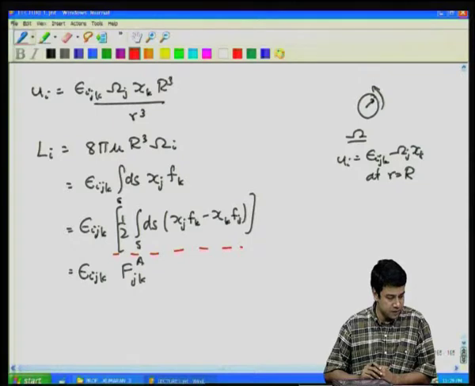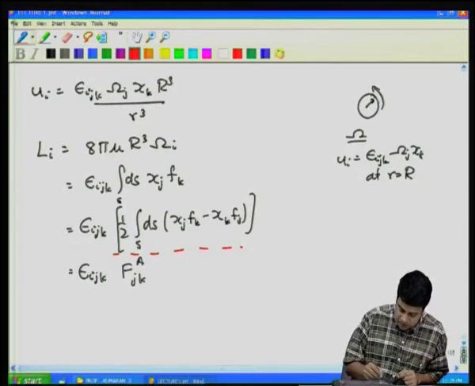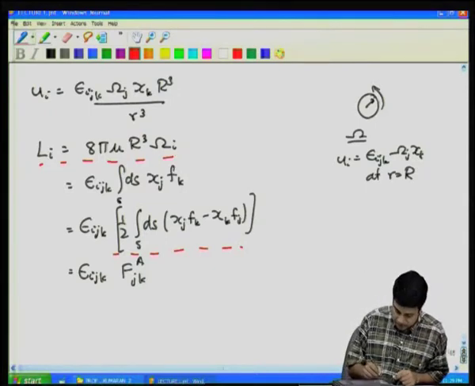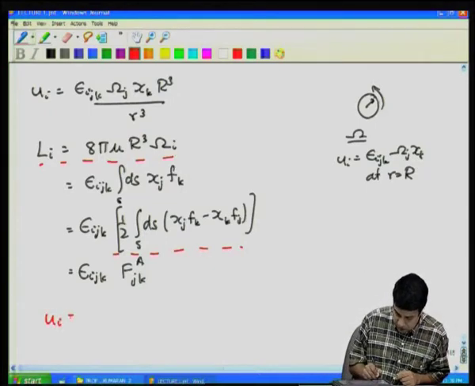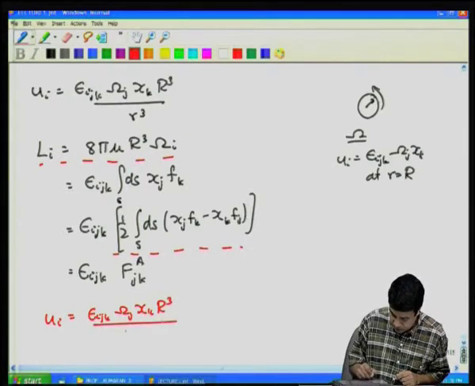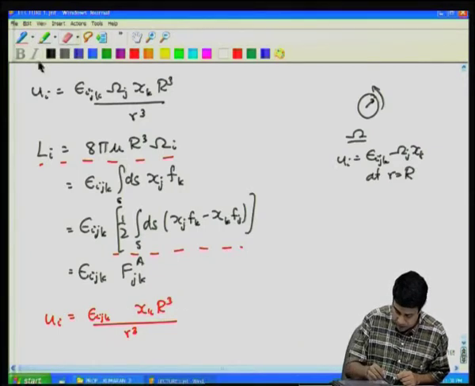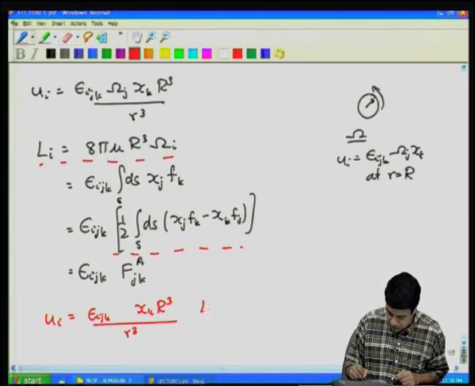So, the velocity field expressed in terms of the torque: u_i is equal to epsilon_ijk omega_j x_k R cubed by r cubed, into, instead of the angular velocity I substitute the torque, L_i by 8 pi mu R cubed.